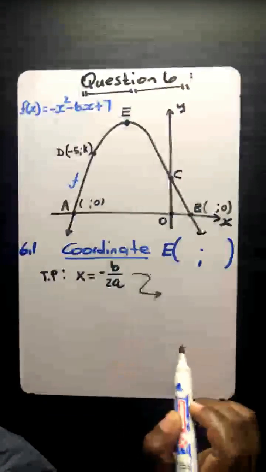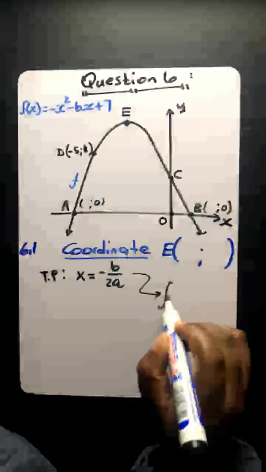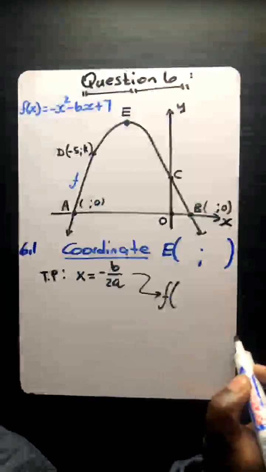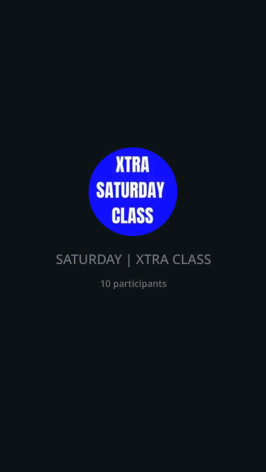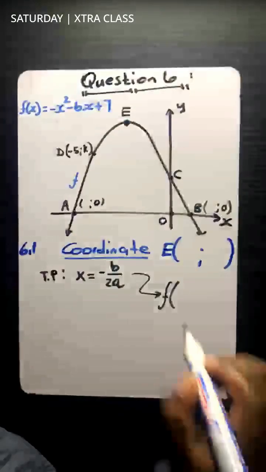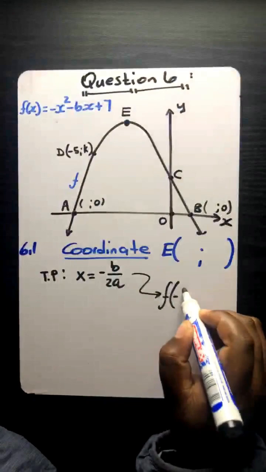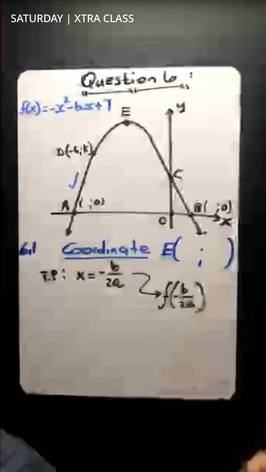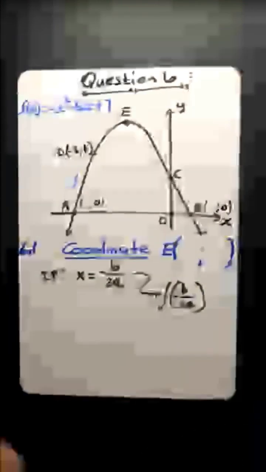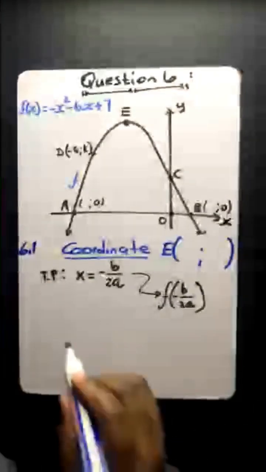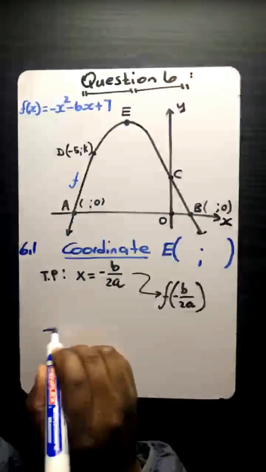Okay, so now that means as soon as you get the X value, you are going to substitute it into the main formula, or the equation for that function. So this is the general formula for calculating the turning point.